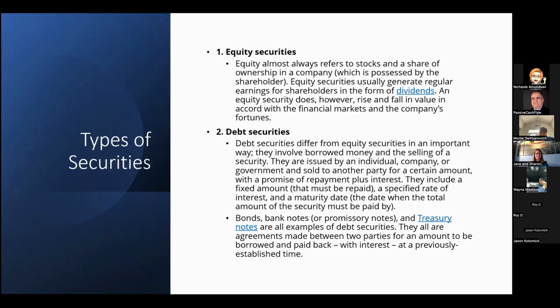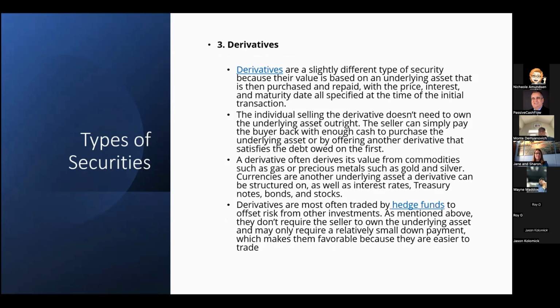Okay, so now let's talk about a derivative security. All right. So the value of a derivative is based on its underlying asset that is purchased and repaid with interest, and the maturity date is also specified.